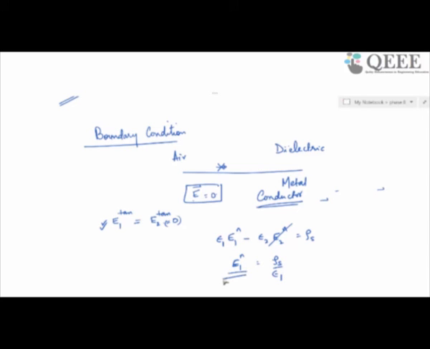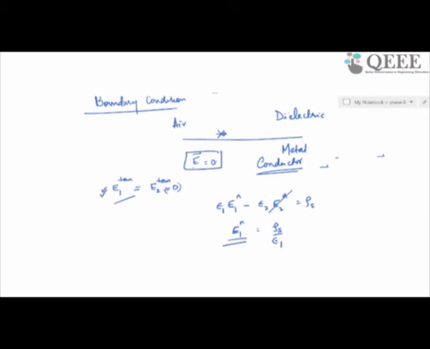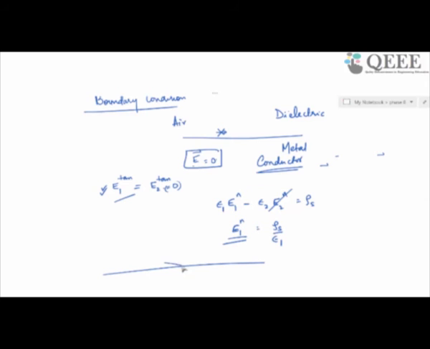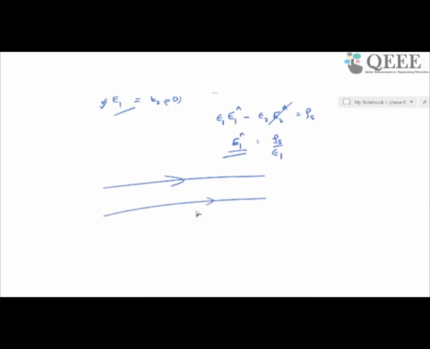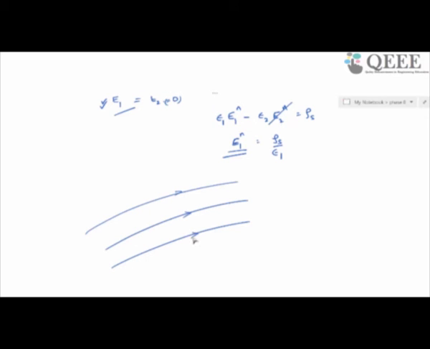I have only a normal component, and my tangential component is 0. Which means that if I have an electric field in a medium at an angle like this, it could have a tangential component, a normal component, and so on.